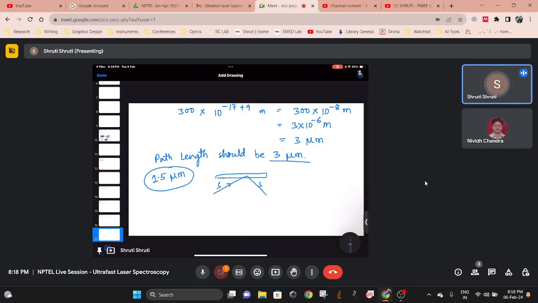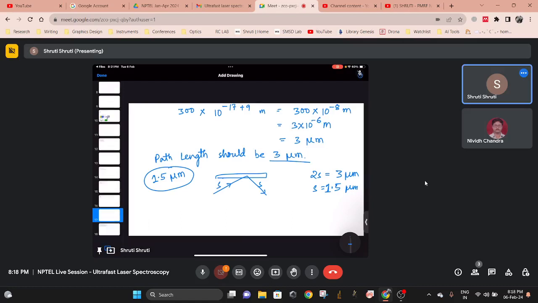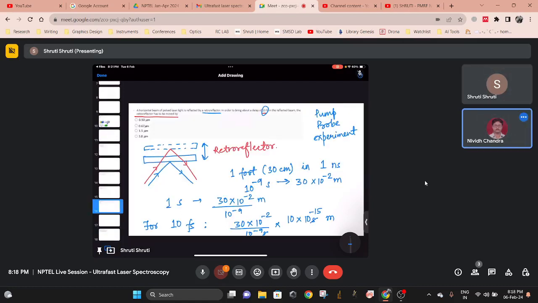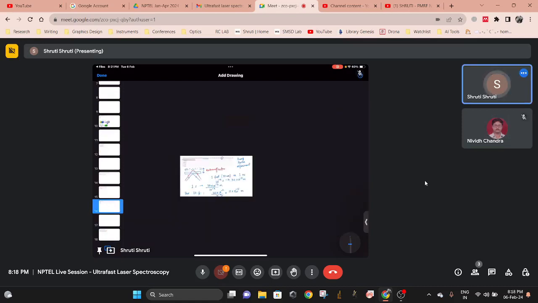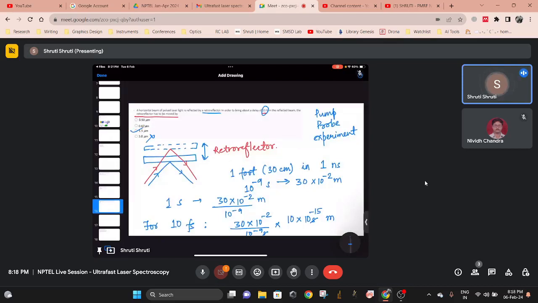So this is S distance. So 2S should be 3 microns, so S will be 1.5 microns. So you have to move the retroreflector by 1.5 microns, so that the delay will be 10 femtoseconds. Is it clear? So here the answer should be 1.5 microns, not 3 microns. Okay.